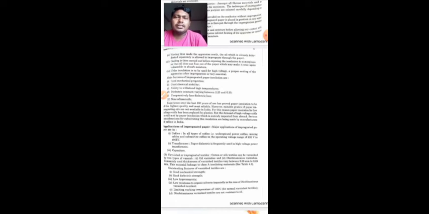So the voltage range from 220 volt to 400 kilovolt is the range for the use of this kind of insulation. It is also used in transformers. Paper dielectrics are frequently used in high voltage power transformers. They are also used in capacitors.